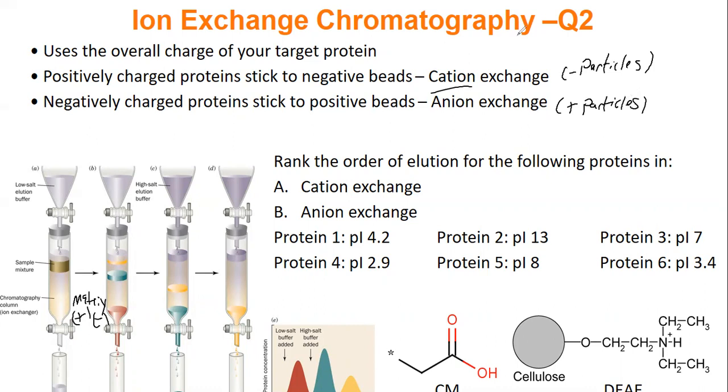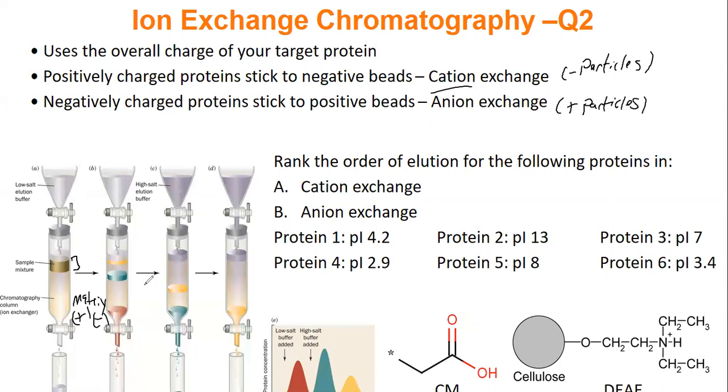So when we talk about exchange, we're exchanging the proteins, right? A cation exchange will bind positive proteins. An anion exchange will bind negative proteins. The way that this works is that if you add a sample of proteins, a mix of proteins, as shown here in brown, different proteins will stick to the matrix with different affinities.